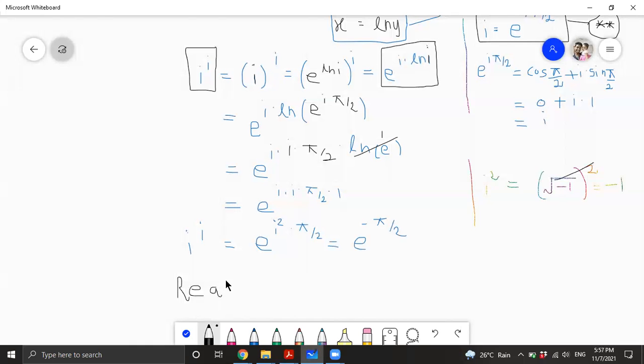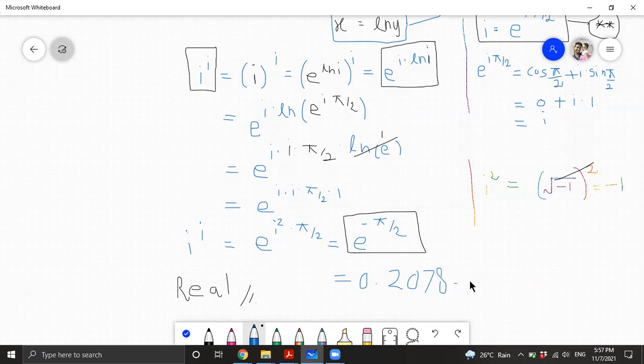Wow, what an amazing fact we have found. So i to the power i is equal to e to the power minus pi by 2, which is a real number. And we can also use a calculator to find the exact value of this. If we plug it into the calculator, the value is going to be equal to 0.2078 and so on.